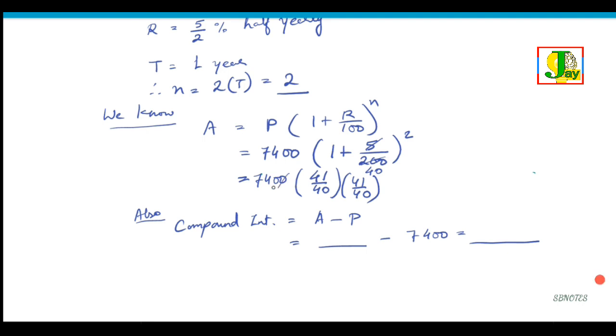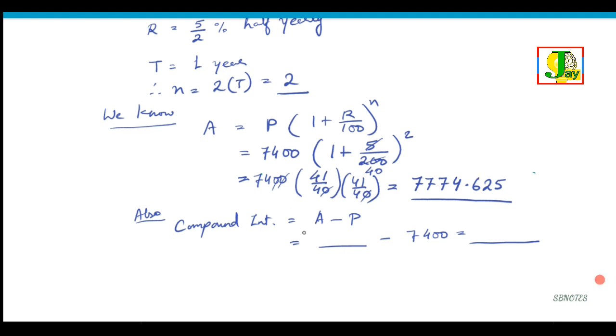Now you can cancel those 2 zeros. So you get 41 into 74 by 16. On calculation, you get 7,774.625. So this is the amount you are going to get.